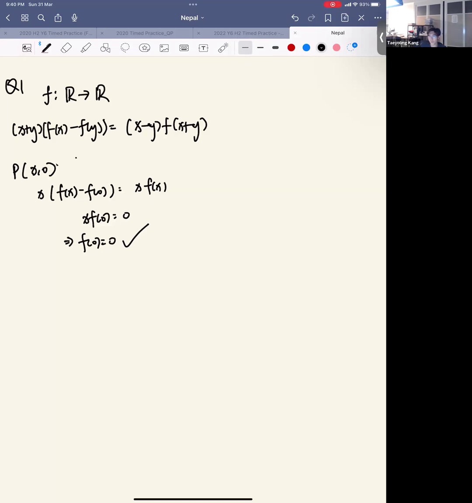What substitution do you think we should try after this? f(a) equals f(b). But how do you know that it is not injective?